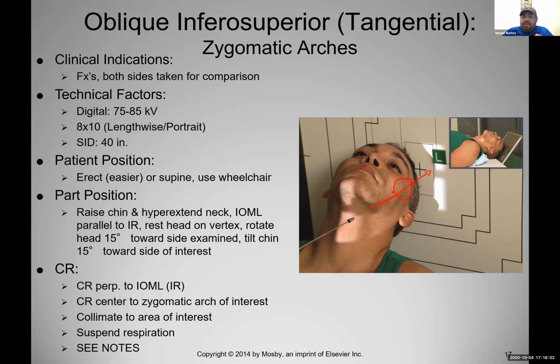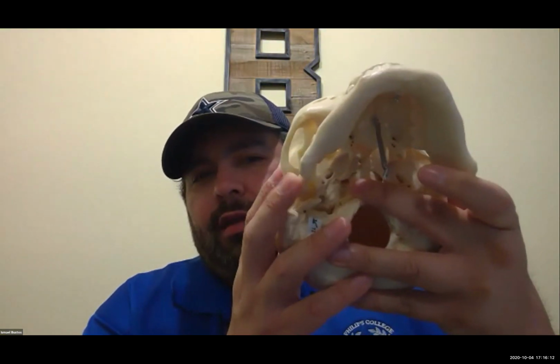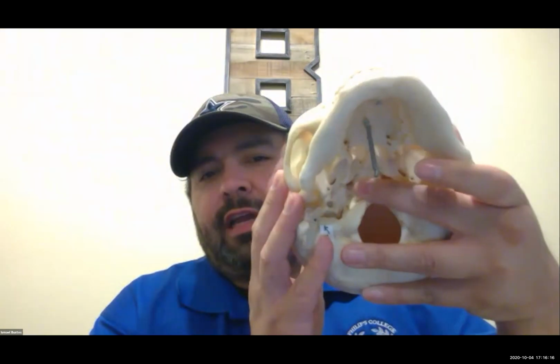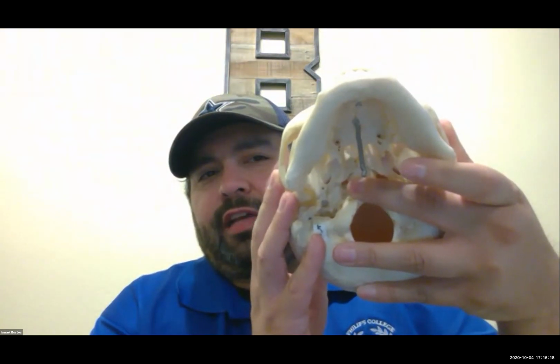All right, collimate and suspend respiration. So again, get the patient in an SMV projection, right? And again, it's the right side here. We're going to rotate 15 degrees towards the side of interest and then tilt 15 degrees towards the side of interest.